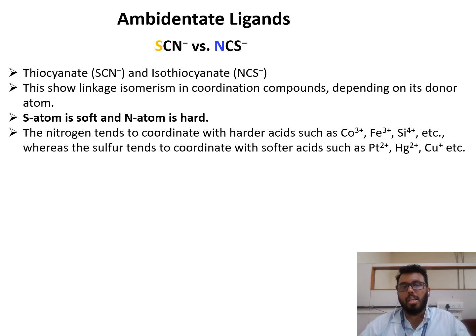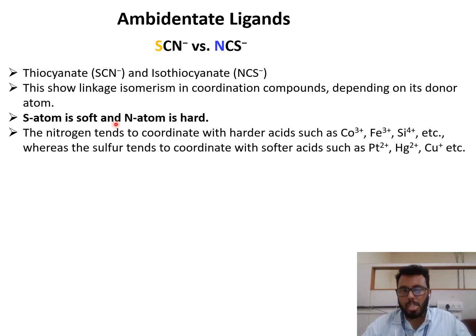Ambidentate ligands like SCN and NCS, thiocyanate we know SCN minus and isothiocyanate we know NCS minus. This also we can explain by the SAP principle. This shows that linkage isomerism in coordination compounds depends on the donor atom. Sulfur atom is soft and nitrogen atom is hard. So the nitrogen atom, since it is hard, tends to coordinate with the harder acids like Co3+, Fe3+ and Sn4+.